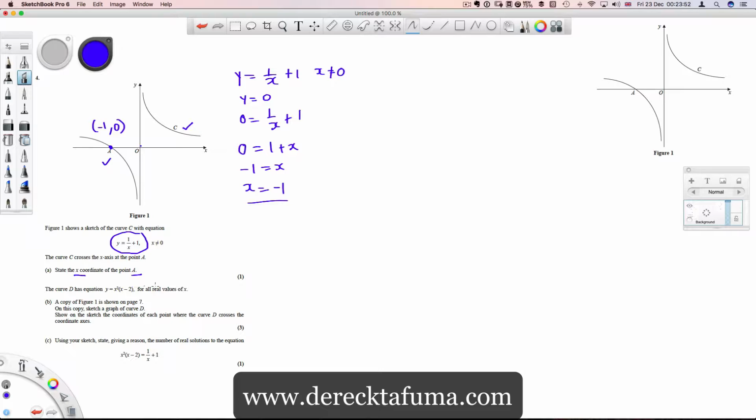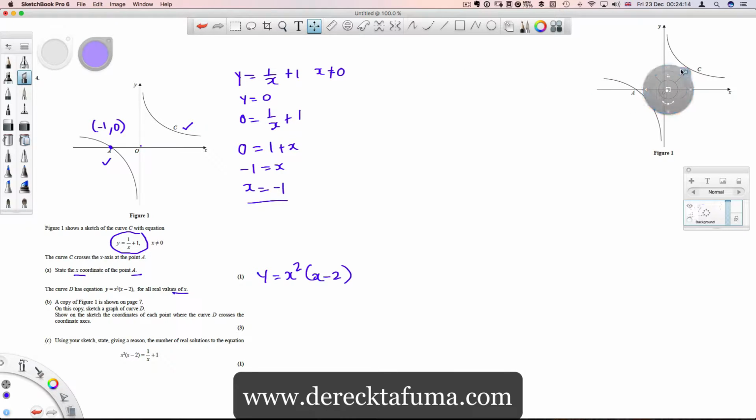Now the curve D has equation y equals x squared (x minus 2) for all real values of x. A copy of figure 1 is shown on page 7, so I've put it here, but I think I can actually bring it closer. Let's try that.